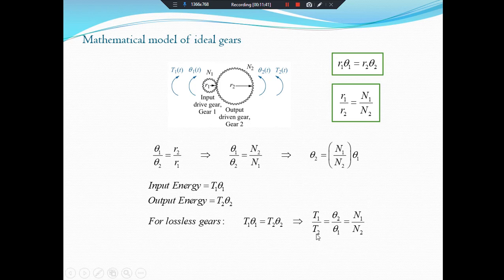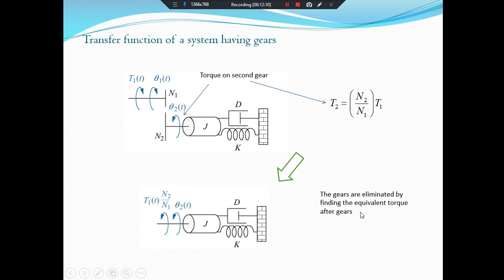By using this relation, T1 by T2 is equal to theta 2 by theta 1, equal to N1 by N2. As we have seen, the angular displacement is inversely proportional to the number of teeth. So as torque is directly proportional to the number of teeth, it is inversely proportional to the angular displacement.